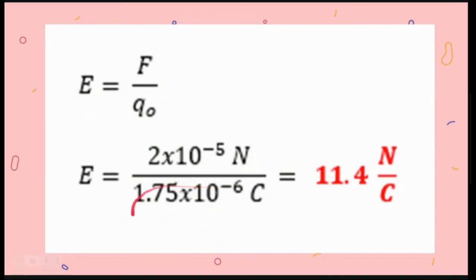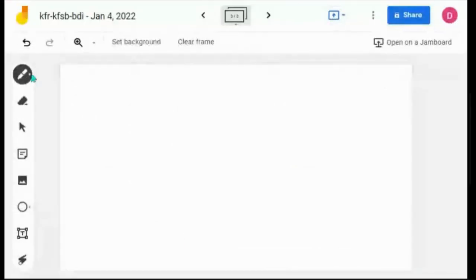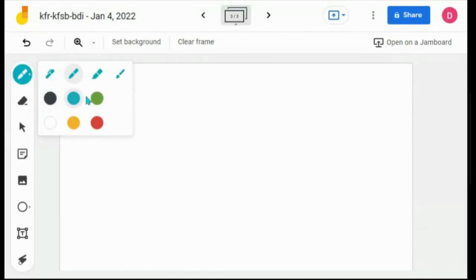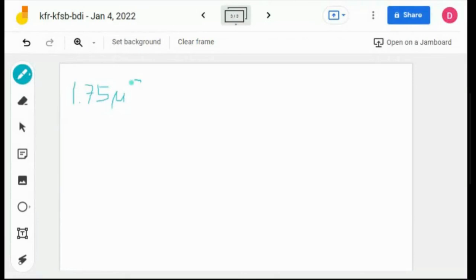So how did we come up with 1.75 times 10 to the negative 6? Remember, 1.75 microcoulombs is equal to 1.75 times 10 to the negative 6.